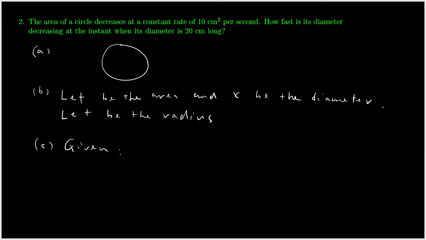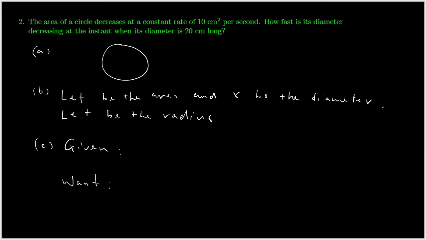So anybody want to tell me what are we given and what we want in terms of the derivative? What are we given, please, using a notation? What are we given in terms of the D notation?